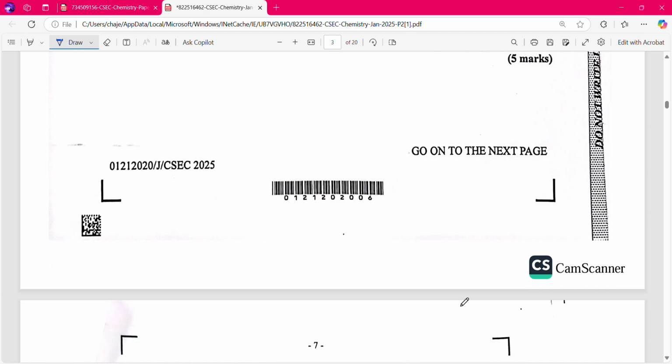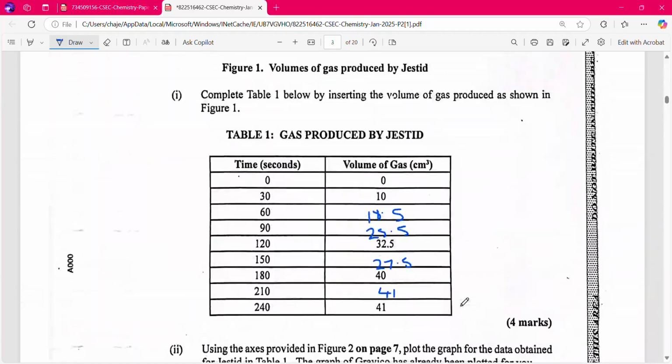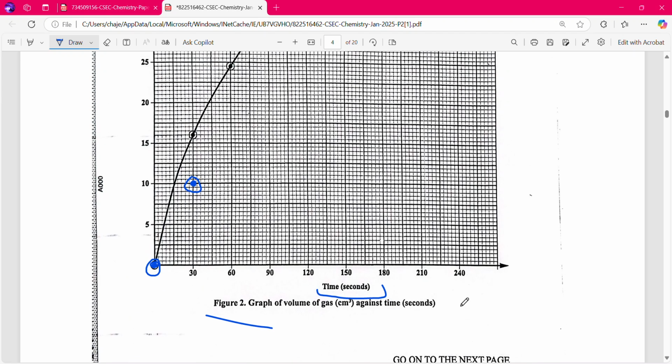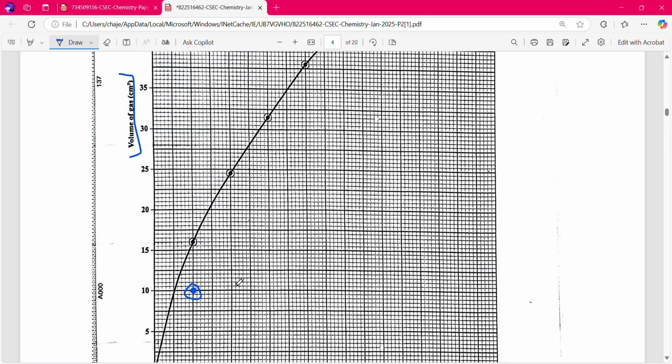Okay, so you said it's 60 to 18.5. So 15, 16, 17, 18.5 is about here.